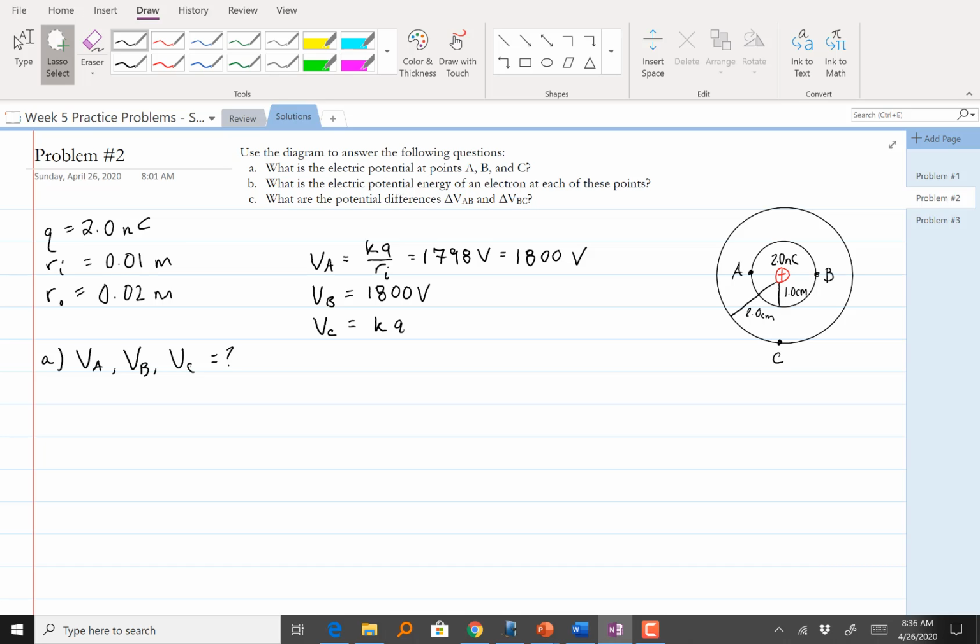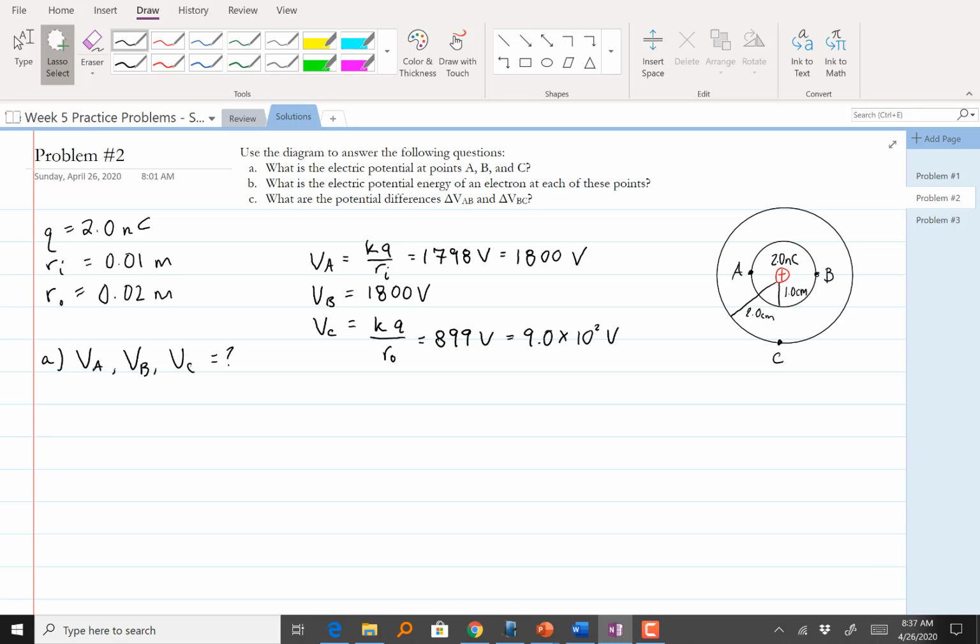So I've still got the KQ in the numerator, the same source charge, but now we're a little bit farther away, and so I've got to use that outer radius for that outer circle. The other thing that we can say before we do any calculations is that since we're farther away from our point charge or source charge, we should expect that the voltage is going to decrease, and that's exactly what we see, getting a value of 899 volts, or again in 2 sig figs, 9.0 times 10 to the 2 volts.